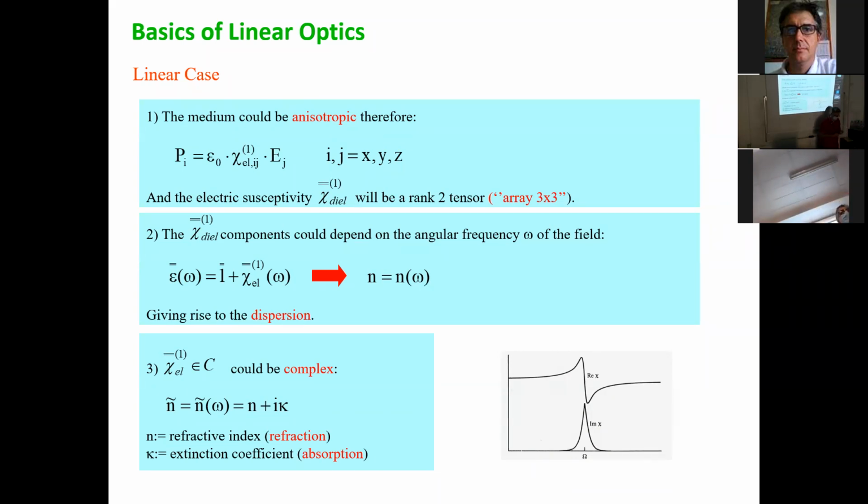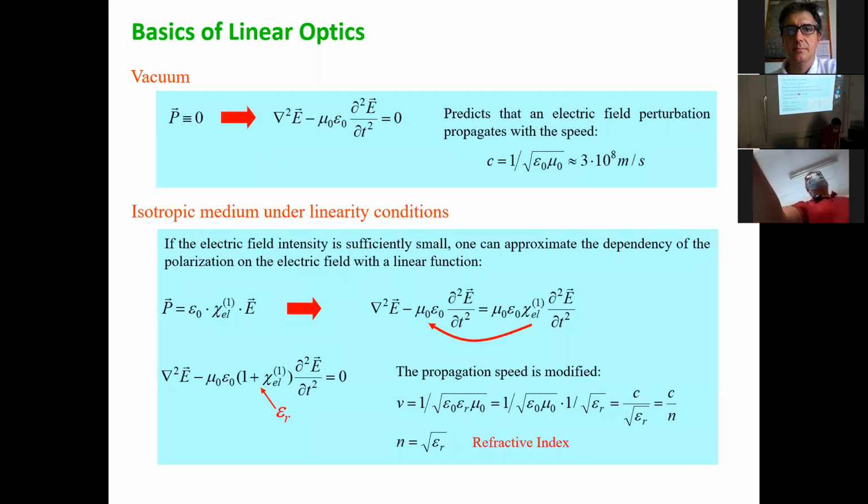Okay? For today, we go back to the Maxwell equation, to the wave equation in vacuum. We restrict our description to vacuum, and we discuss some basic properties of electromagnetic waves in vacuum.